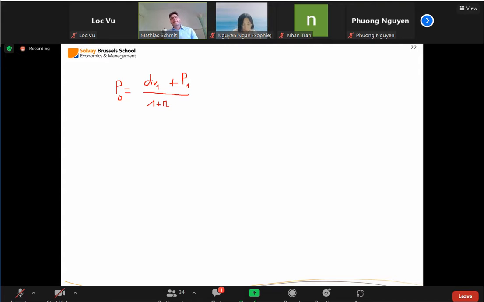Alors, two things that I would like to explain on this slide. The first thing, this is the expected rate of return. Let's try to find it. The expected rate of return, what is it?